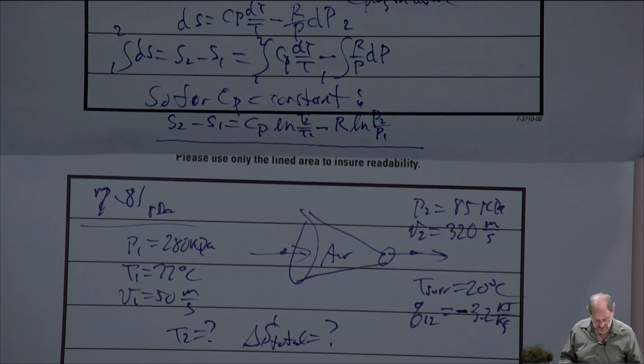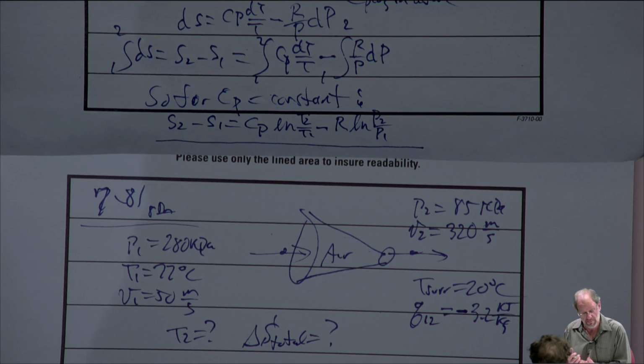for this particular process. Now, I do have to make one comment on this problem. I like the problem, but I do find that the author sometimes makes little errors. We have no information on the mass of the air that's moving through the system, do we? So how can I find a total? We need to know the mass.